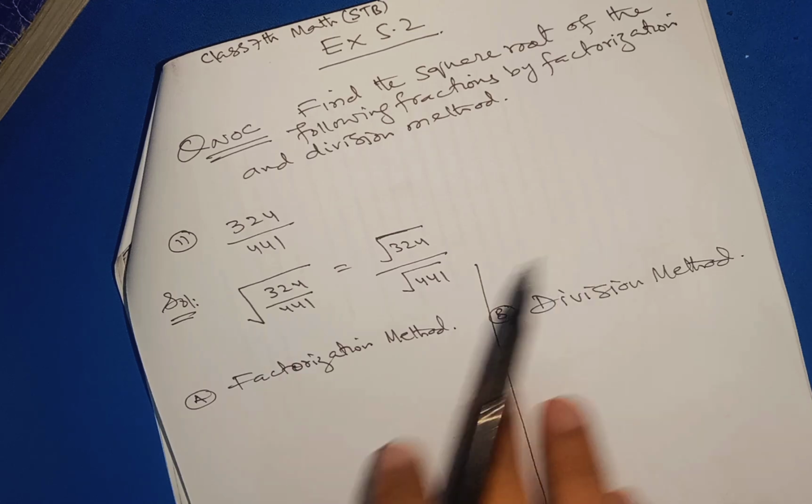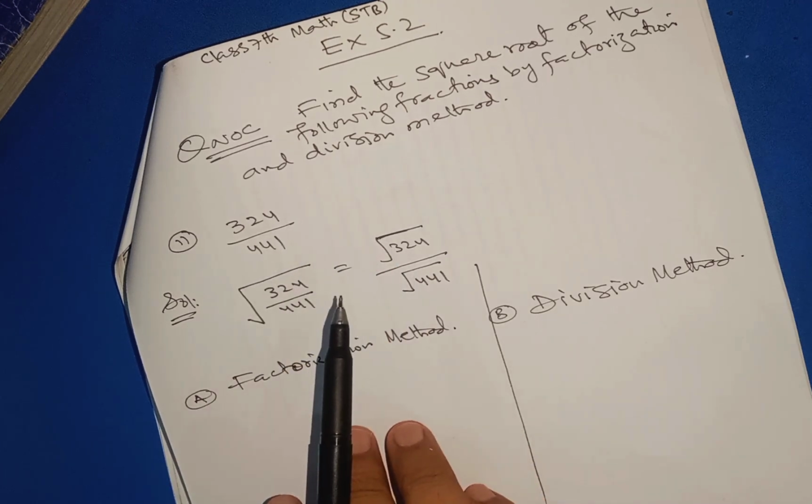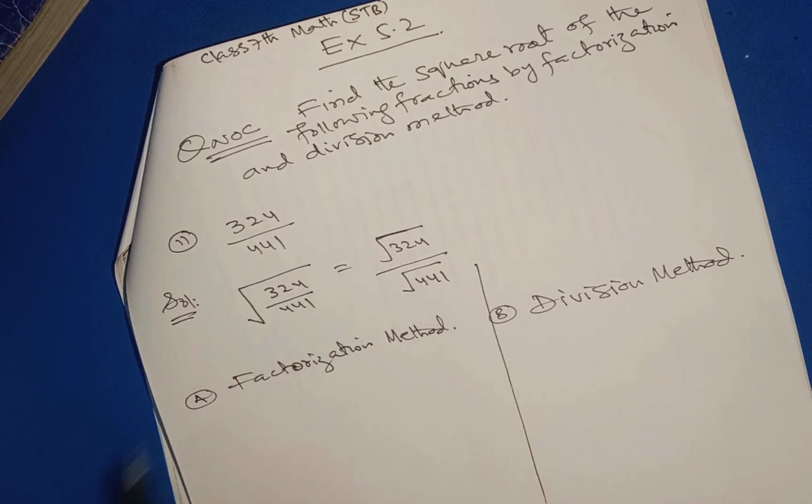I would like to tell you that we can find the square root of any number with the help of two methods, and in my point of view, the easiest way of finding the square root is the factorization method.